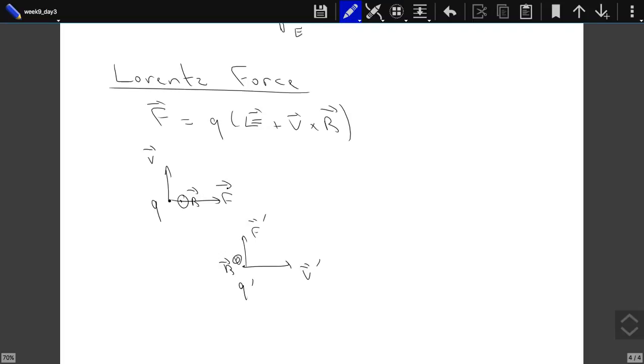Now, do you see a problem here? Everything we did is correct, assuming V and V prime are sufficiently small so that we can use the magnetostatic approximation. Of course, there will be corrections. But now there's a problem with the third law. The third law states that the forces should be action-reaction pairs.